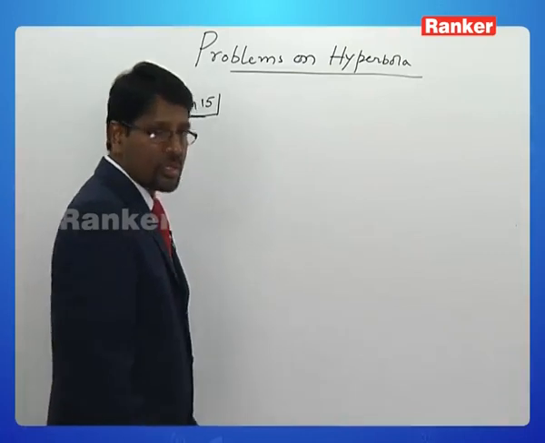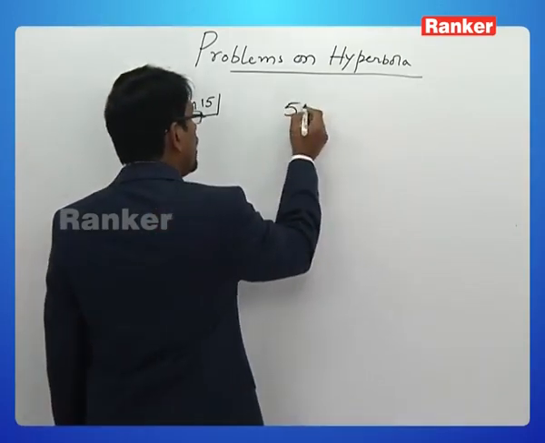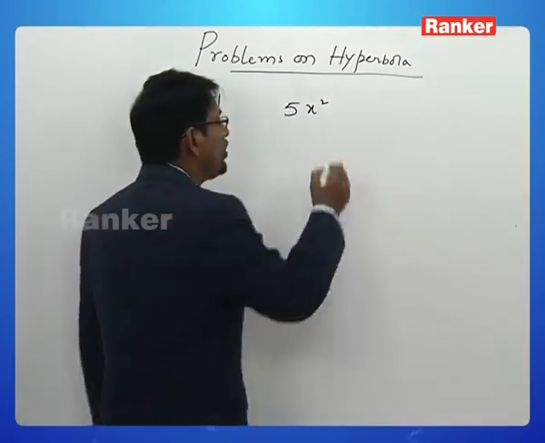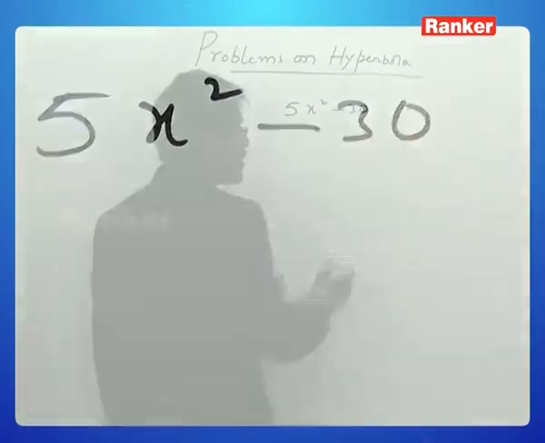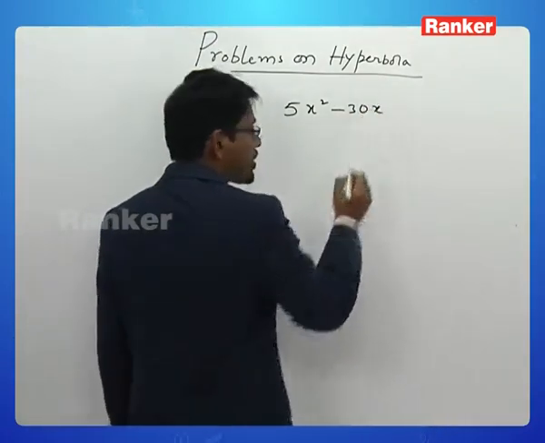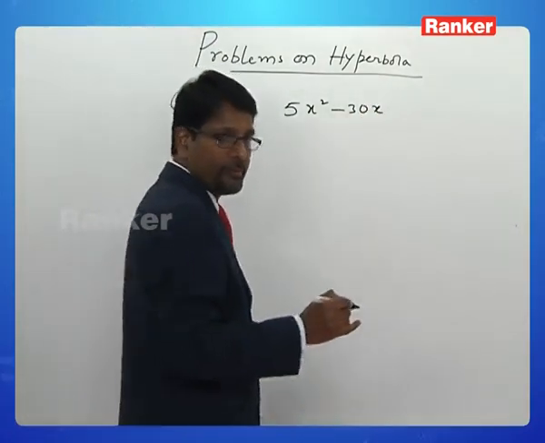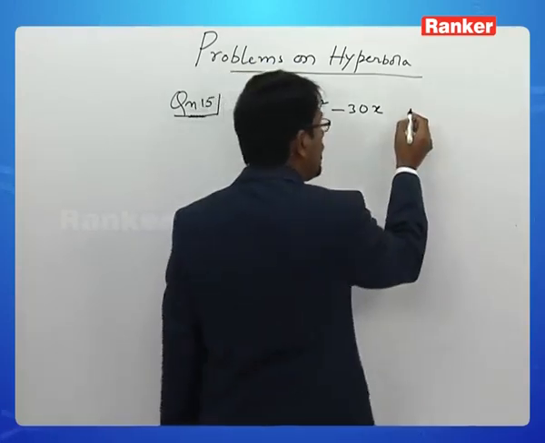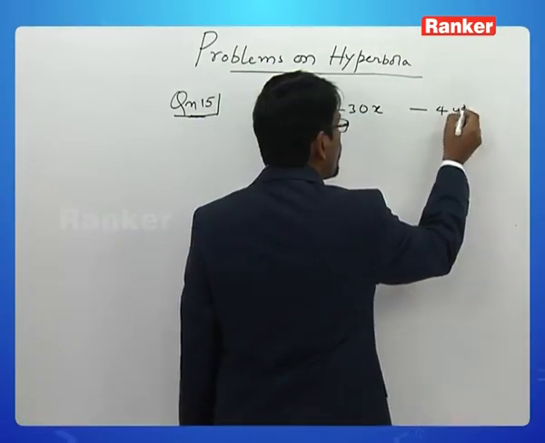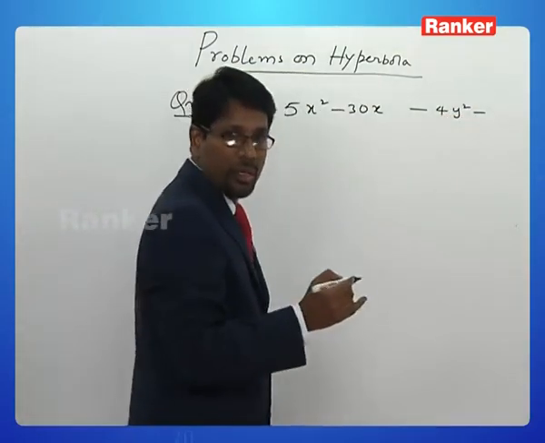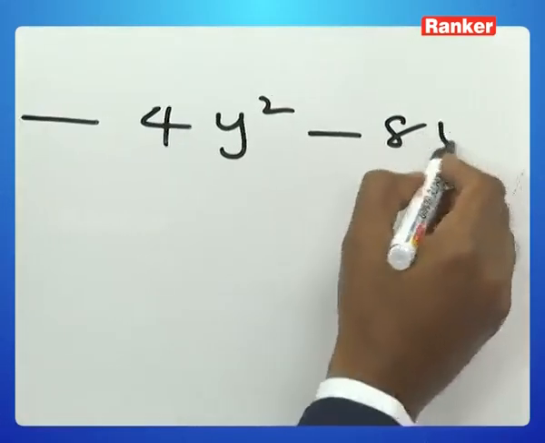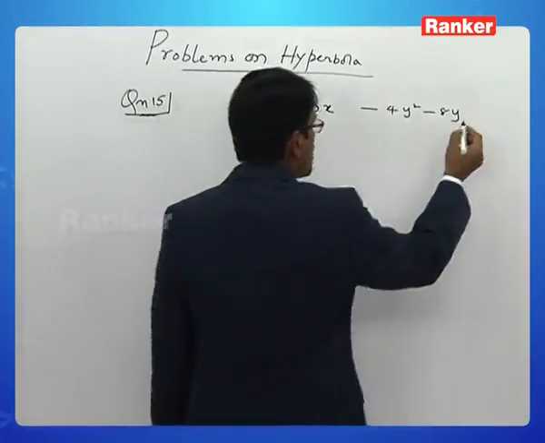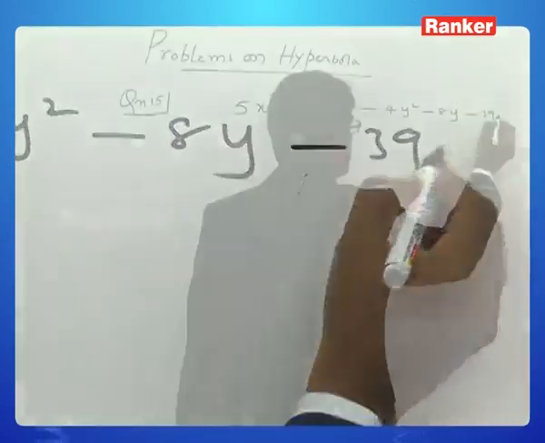Now let us first write the equation of the hyperbola in the standard form. Let us club all the x terms first. 5x square minus 30x, and then we have a minus 4y square minus 8y minus 39 is equal to 0.